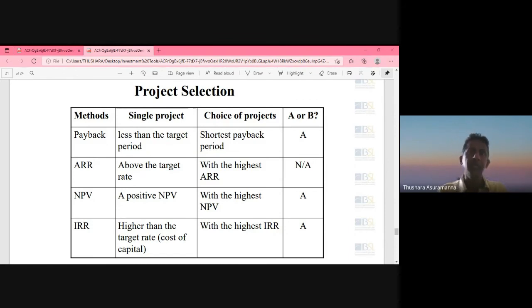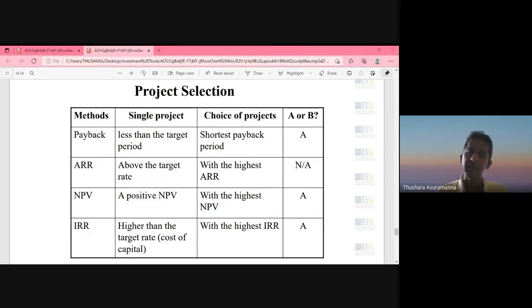So if you have some money and want to put it into a couple of projects, and you expect to get the money back in 3 years, that is your expectation. So you look for the projects where payback is less than 3 years. That's simple. If no project is giving you the money within 3 years, you might say, no, it is not my preference.